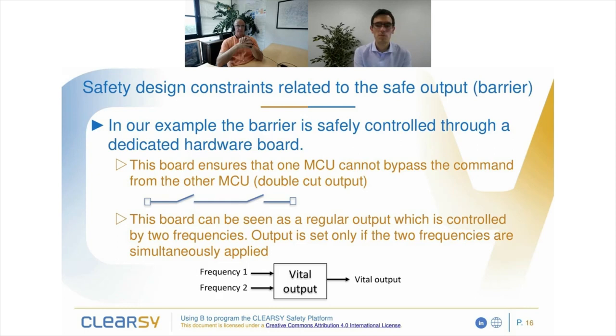Frequency 1 is generated by the first microcontroller and frequency 2 by the second microcontroller. And we use a frequency because if the platform is frozen and keeps the current state, then it's no longer a frequency, the output will be restrictive and the barrier will close.